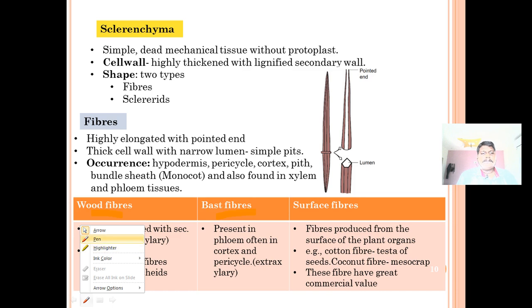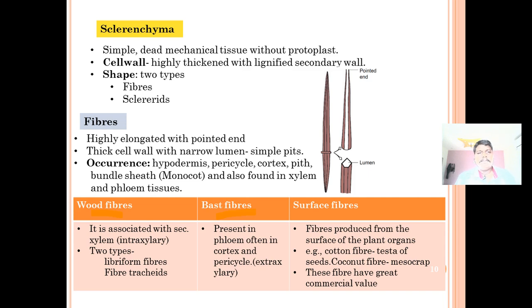Based on shape and length, two main types of sclerenchyma are classified: fibers and sclereids. Fibers are elongated with pointed ends, both ends being pointed, and the lumen is narrow, not wide. They have some simple pits in their body.